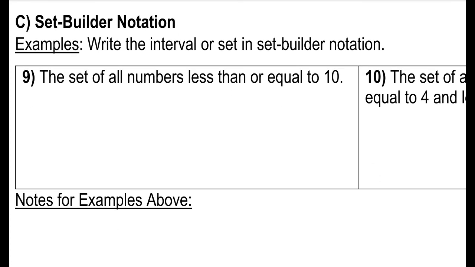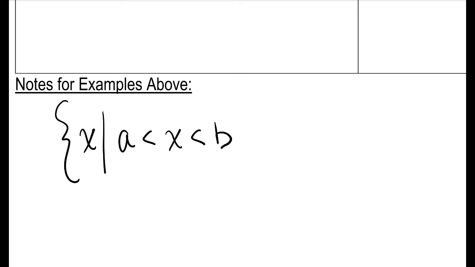Alright, final section on this is set builder notation. So we want to write the interval or set in set builder notation. So before we get to that, let's just add this on the bottom. Set builder notation looks like this. We have a fancy bracket, the letter X, a vertical line, and then depending on what we have, we would either have some number less than, less than or equal to x, and then less than or equal to b.